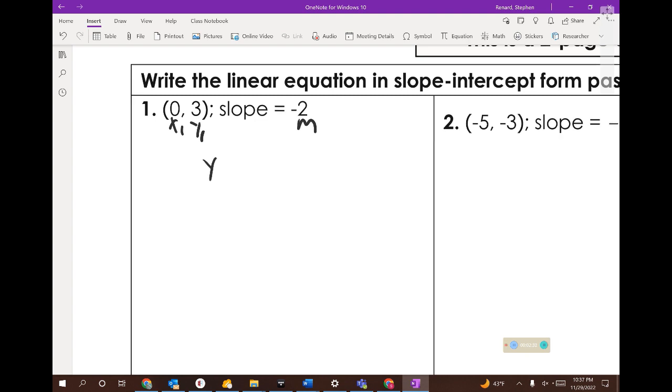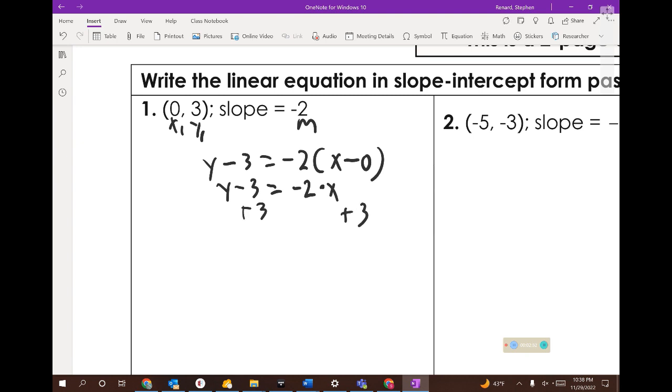So we're going to go y minus 3 equals negative 2 times x minus 0. So this gives us y minus 3 equals negative 2 times x. We're going to add 3 to both sides. We get y equals negative 2x plus 3. Easy peasy.